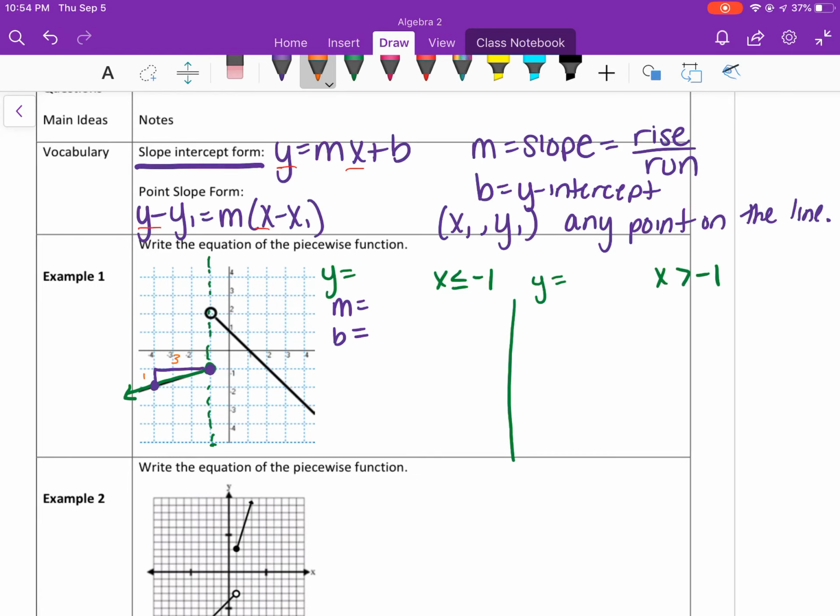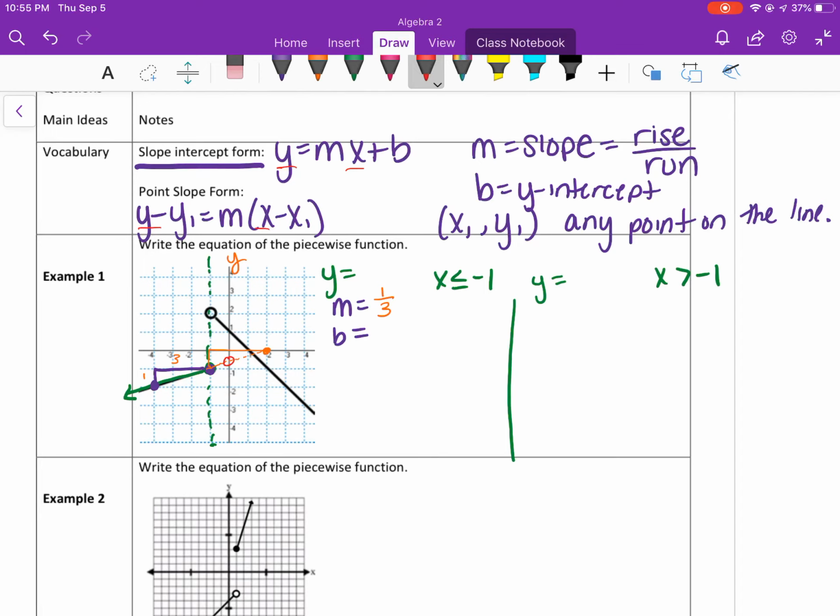So my slope for this line will be 1/3. Now my y-intercept is where it crosses the y-axis, which is the vertical axis. And if I continue my slope up 1/3, and then I connect those two dots, I can see that my y-intercept will be right here.